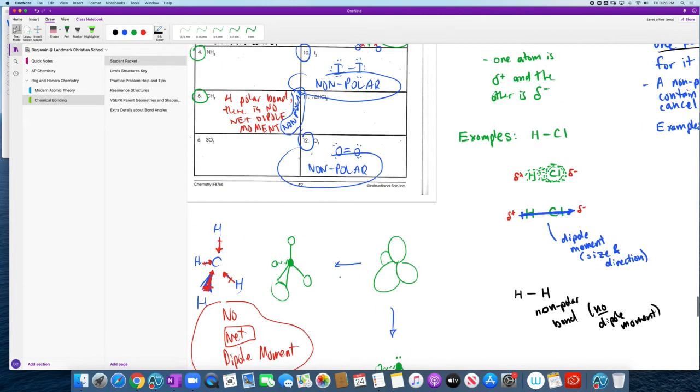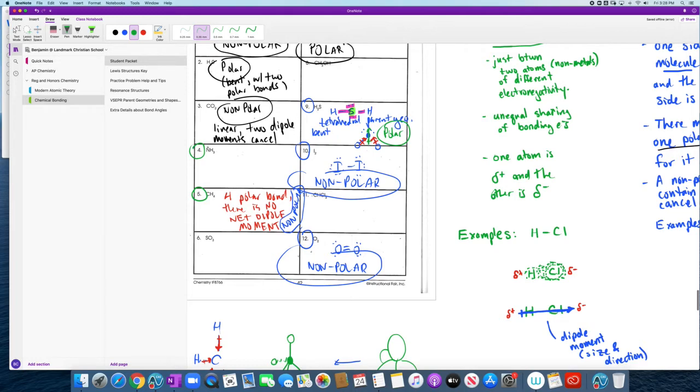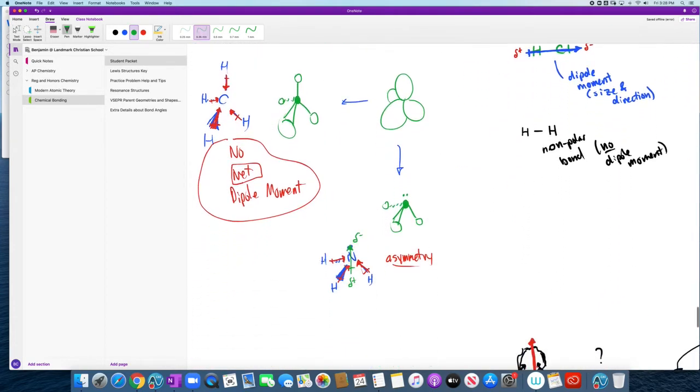So, given that this is a different shape, even though it's arising out of tetrahedral parent geometry, we have 3 polar bonds which add up. Once we've considered the shape, you have to consider the shape, we can recognize that in a trigonal pyramidal shape, that's what this is called, there's a little bit of asymmetry.